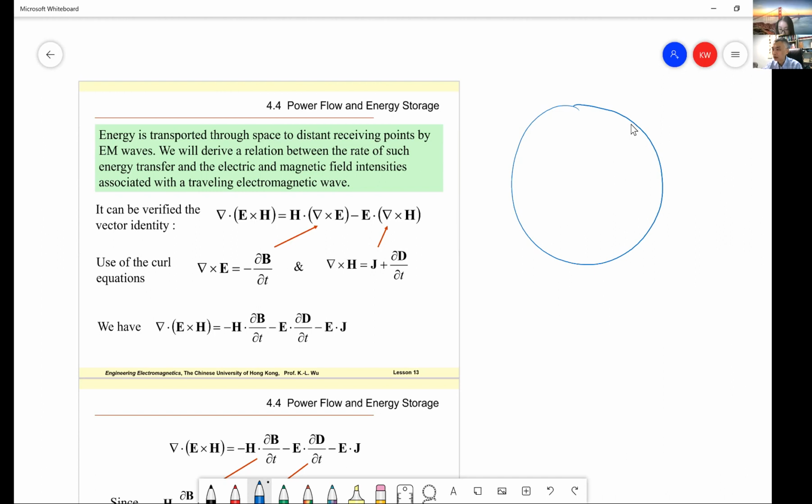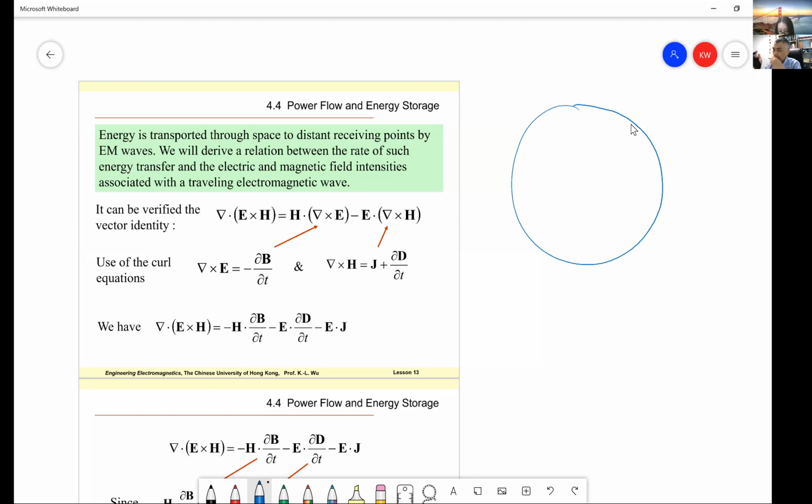This system could be a very small region, or it could be a very large region. Let's say, you can define it in tens of kilometers, or in a few millimeters in size. It depends on what you are interested in.